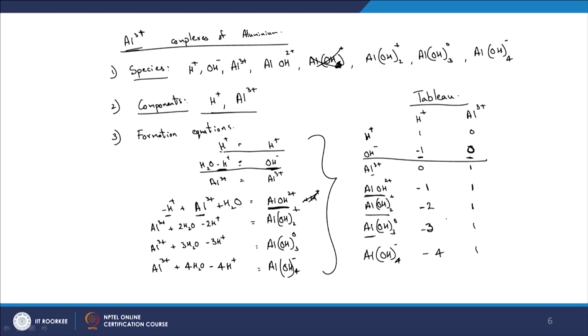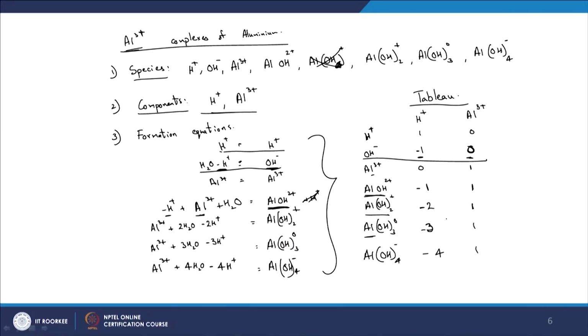So from this, let us say, I can now write my total component balance equations. We just have two components here, H total and Al total. So let me write that down here rather than on the next slide, so that we understand that further.